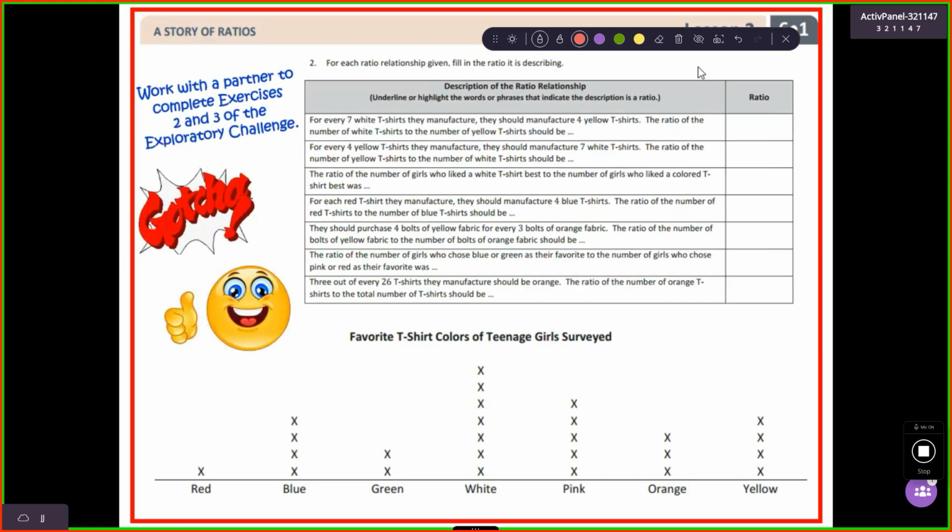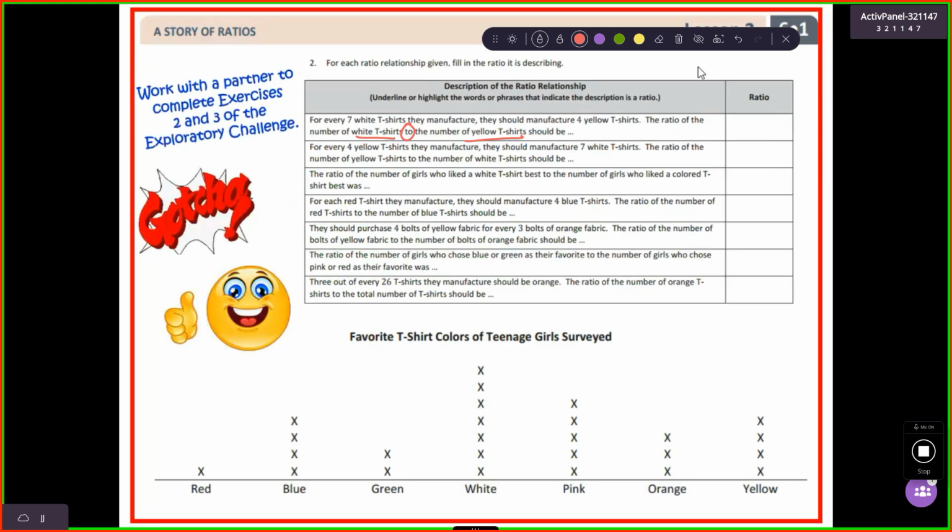For every 7 white T-shirts, they should manufacture 4 yellow T-shirts. What is the ratio, the number of white to yellow? That's the order that you write. What is white to yellow? All right, guys, what is white to yellow?